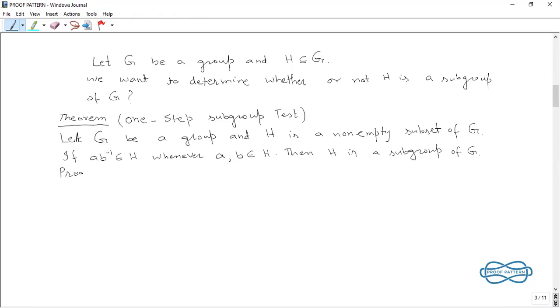It means whenever we have to check that any subset is a subgroup or not, we have to check only this condition.